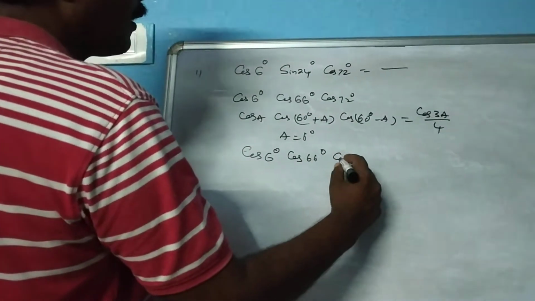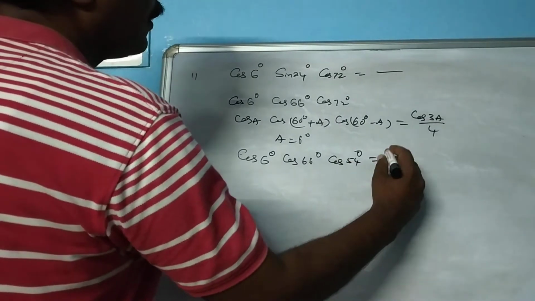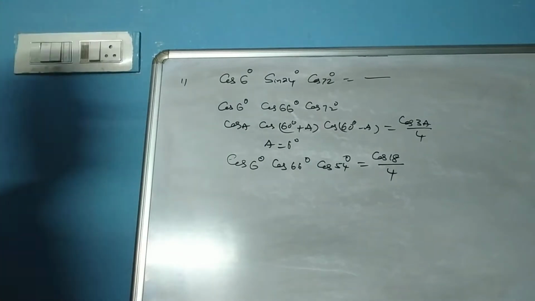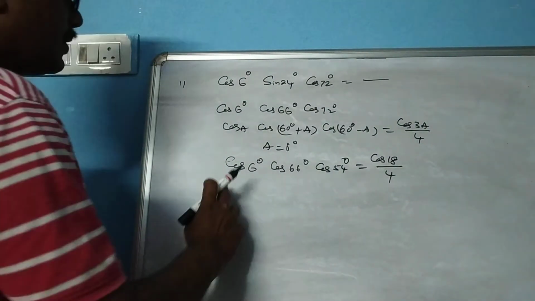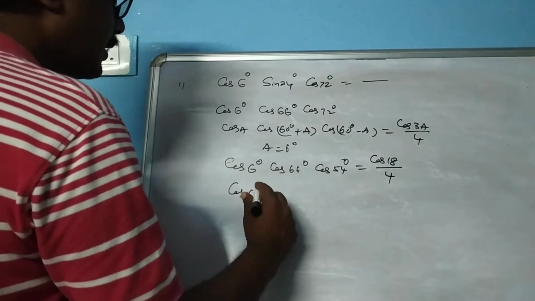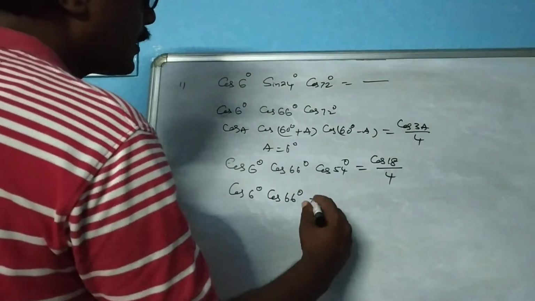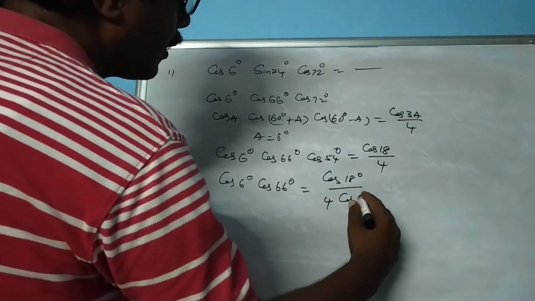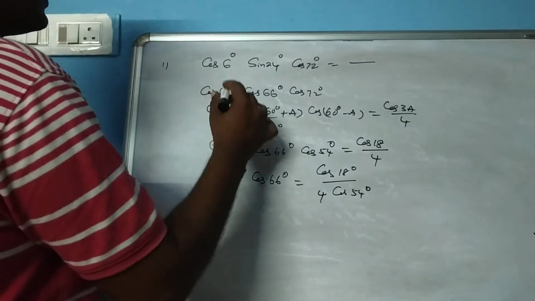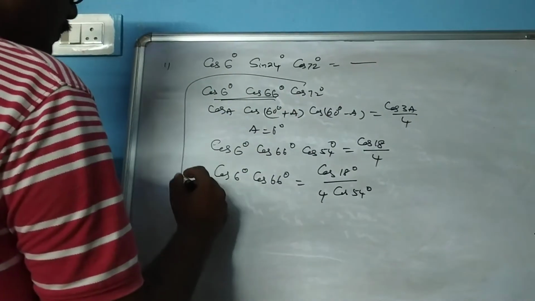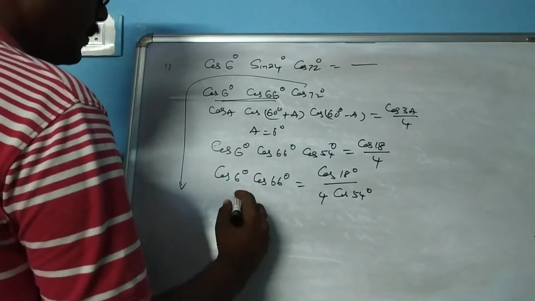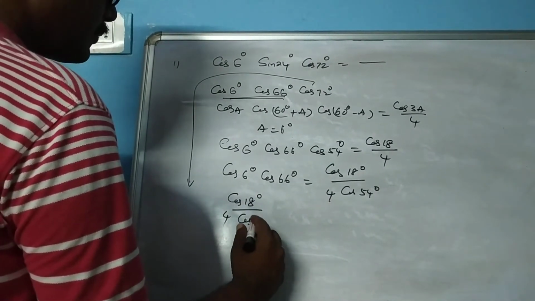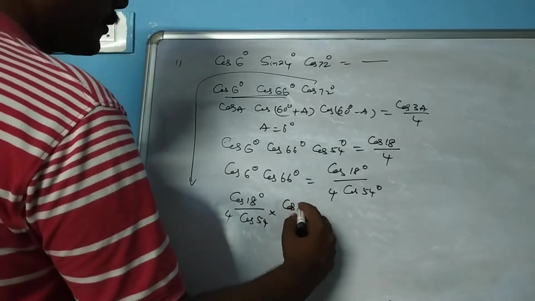This cos 54 is equal to cos 18 by 4. Okay, you see friends, now cos 66 is equal to cos 18 by 4 cos 54. In this you substitute this value, this is cos 72.